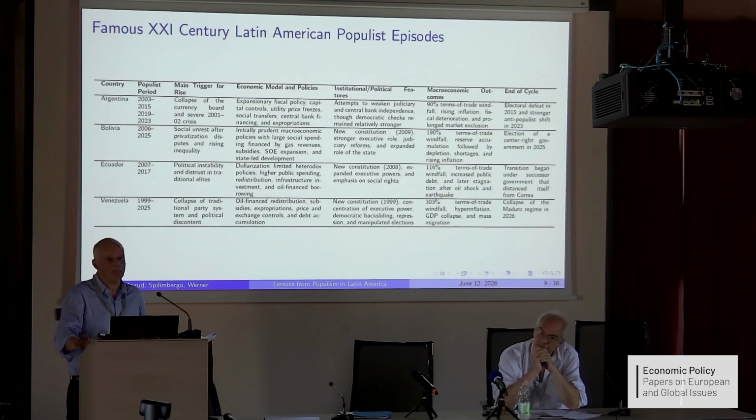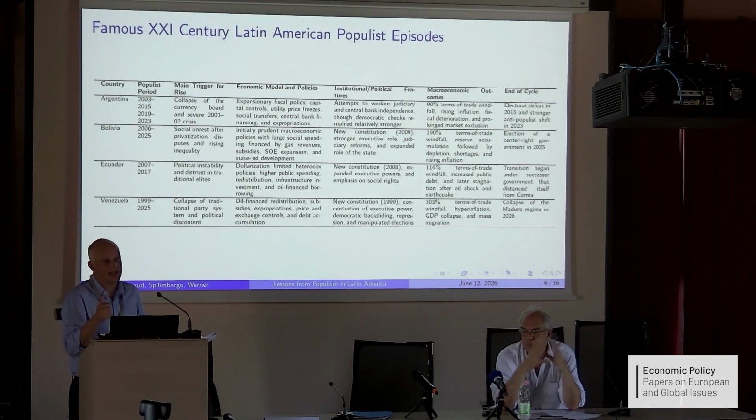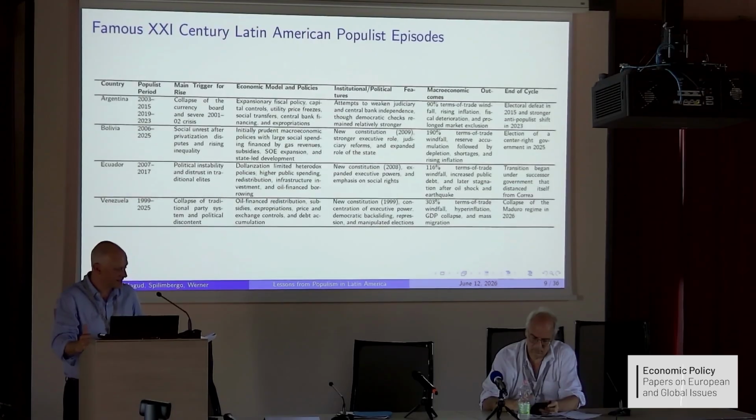In terms of economic policies, in all of these cases, there were huge terms of trade windfalls for each of these countries. In the case of Venezuela, in 10 years, Venezuela got 300% of GDP in excess revenues from their oil exports, only because of the increase in the price. So 30% of GDP per year of additional income going into the economy because of this wealth effect.